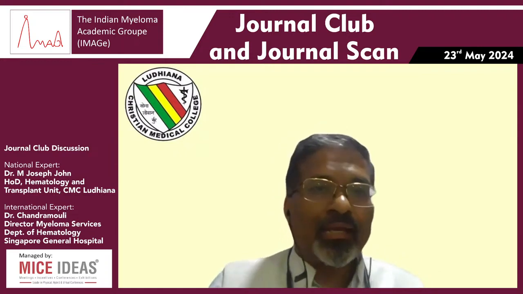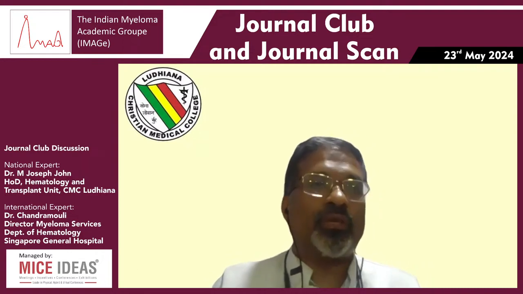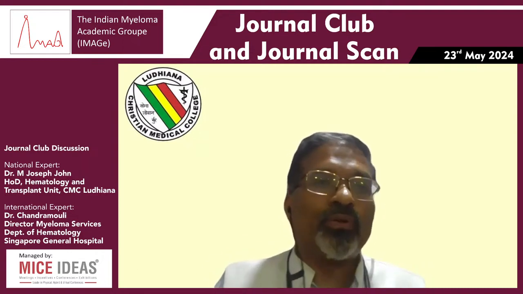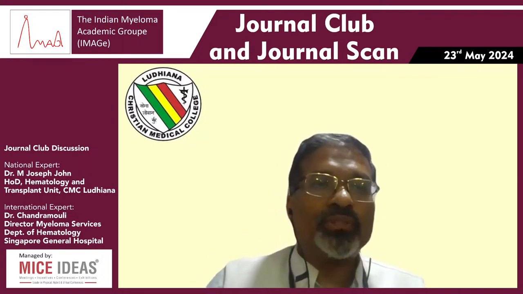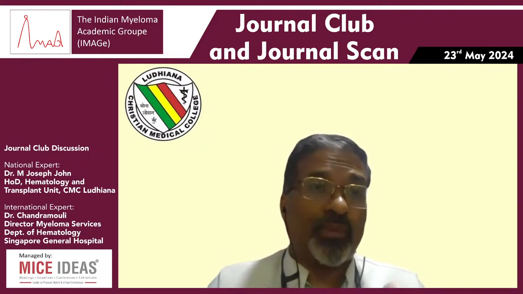The CR lag to the MRD negativity has not been changed, even in Dara-VRd. He mentioned about 7 probable causes, but let's not go into that. All we are looking at now is how much value is added by achieving MRD negativity this way.